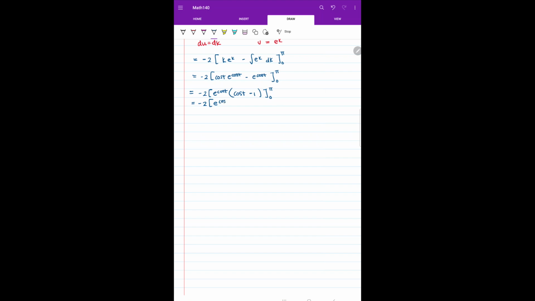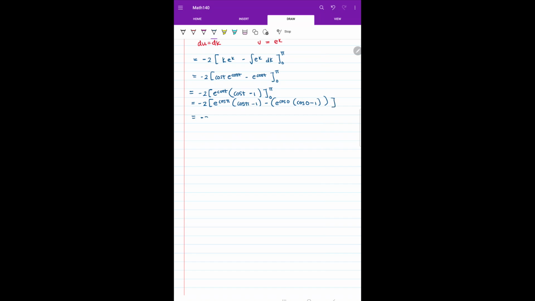So e to the cosine pi times cosine pi minus 1, minus e to the cosine 0 times cosine 0 minus 1, and then we have a bigger bracket there.